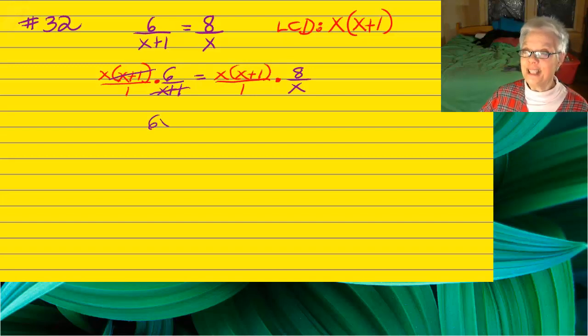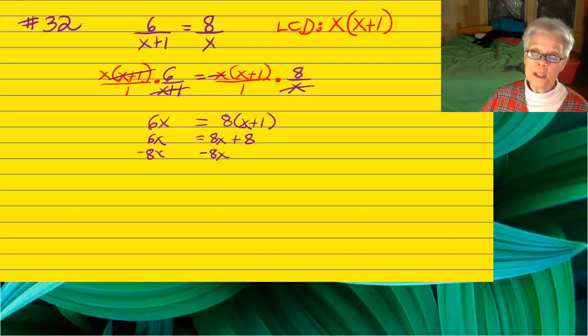I love canceling. We'll have 6x on the left, and because the x's cancel, we'll have 8 times x plus 1 on the right. Subtract 8x from both sides in order to get your x terms together, because we're solving an equation.